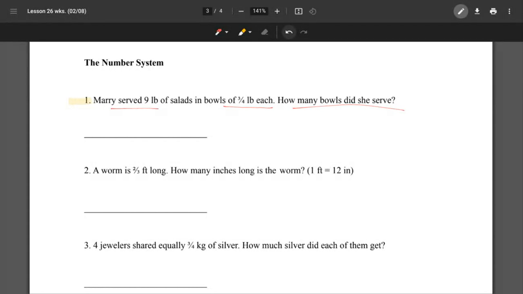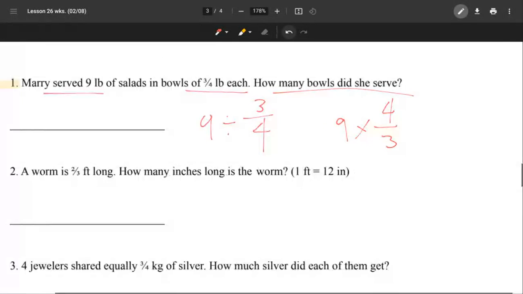Okay, so this is a division question, right? And simply all we're doing is 9 divided by this. And then, of course, we know when we're dividing fractions, we reciprocate, right?